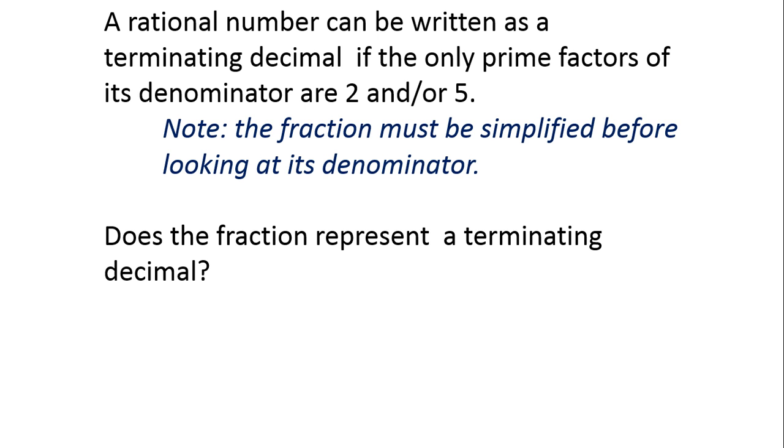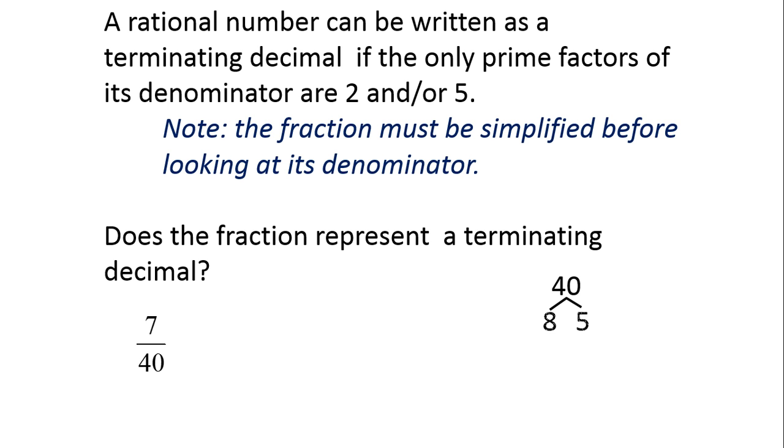So let's look at some fractions and see if we can figure out whether they would represent a terminating decimal. And let's start with this, 7/40ths. Now the first thing we're going to check is to make sure that's a simplified fraction, and it is. So the next thing we're going to do is look at the denominator, the 40, and think about what the prime factors of 40 are.